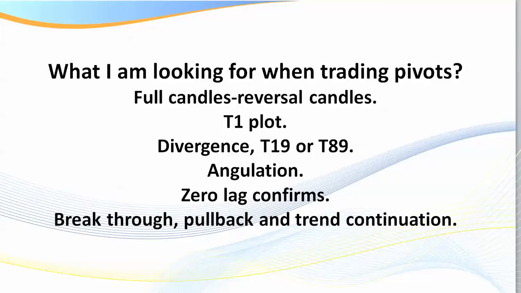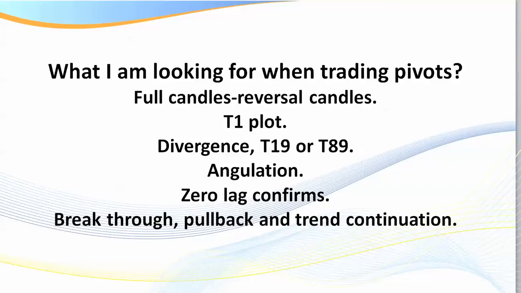If you've hit a pivot and you've got divergence, that's a trade you're going to take every day of the week. Another thing that you'll see is angulation. Now angulation goes hand in hand with divergence, and in my course, of course, you learn all about this, but angulation dramatically improves the chances of that trade.